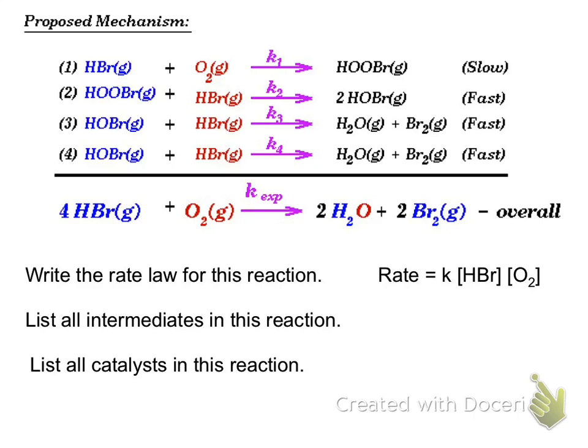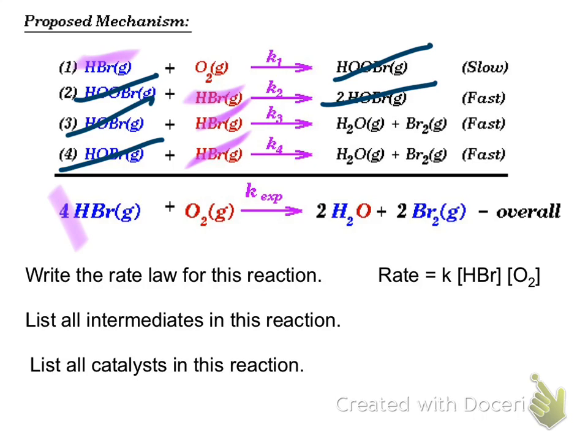Second of all, list any and all intermediates for this reaction. Okay, we get to see what things are created and then destroyed later on. Let's see. I got this guy over there, whatever that is. Okay, that goes away with that one. I got 2 of those right there, and one right there. So those all go away. Let's see, I've got 4 HBrs. 1, 2, 3, 4. I needed 4. 1 O2, 1 O2. That's good.